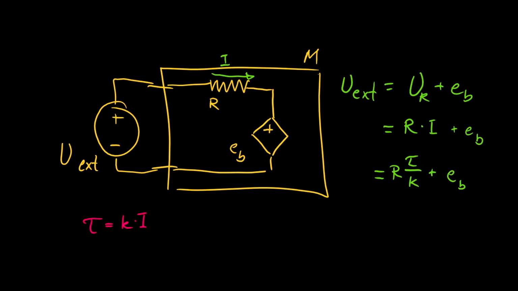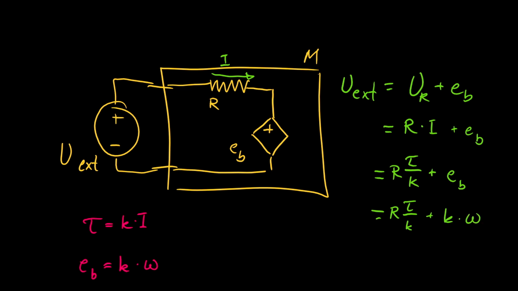The EB is also proportional to the velocity of the motor, right? So EB is equal to K times the rotational speed of the motor. So we could also put that in: R times tau over K plus K times omega.